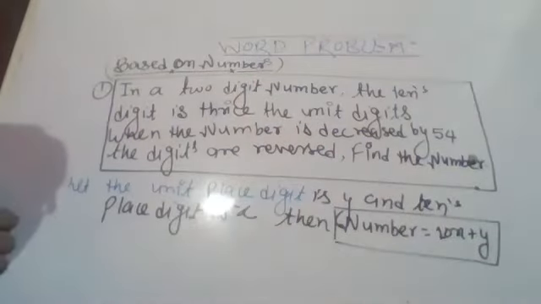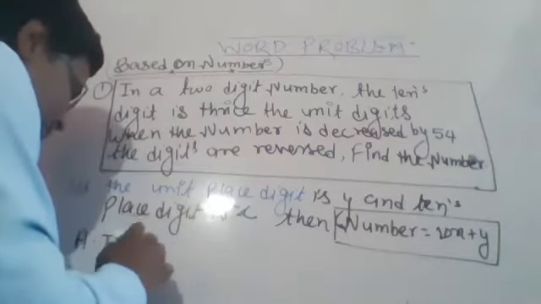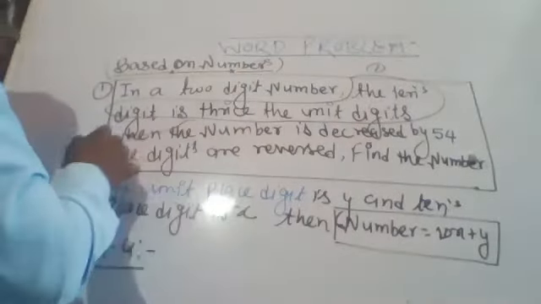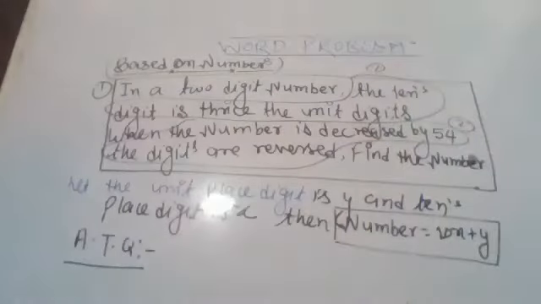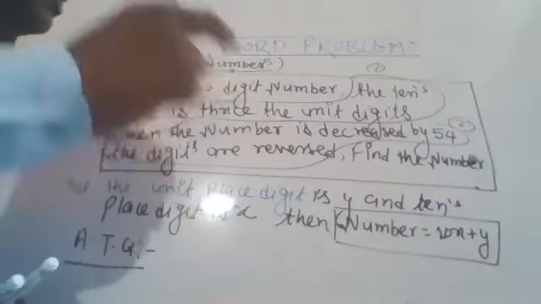Now, according to the first statement, the tens place digit is thrice the unit place digit. This is the first statement, and this one is the second statement of the question. The first statement gives us the first equation and the second statement will give us the second equation.